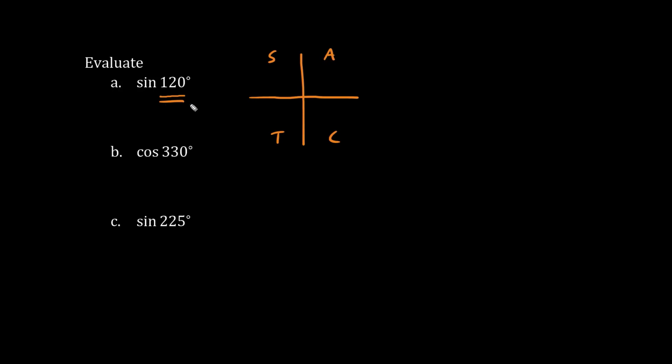So sine 120. We draw the angle 120 around here. This is 90 plus 30 more is 120. This here is the terminal arm. Next we draw the reference angle.